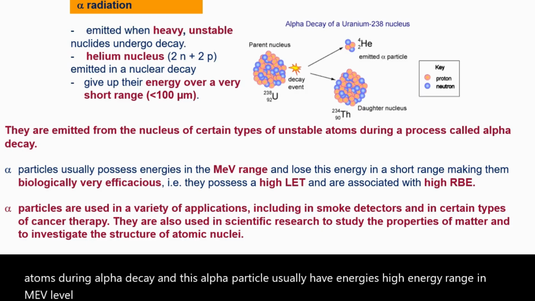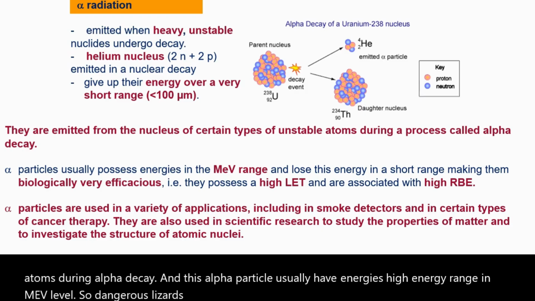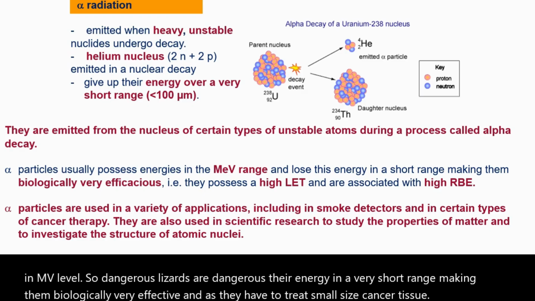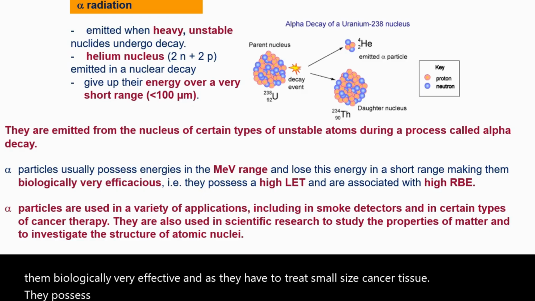So they lose their energy in a very short range, making them biologically very effective, and as they can treat small size cancer tissue, they possess a high linear energy transfer, so we call them high linear energy transfer ionizing particles.